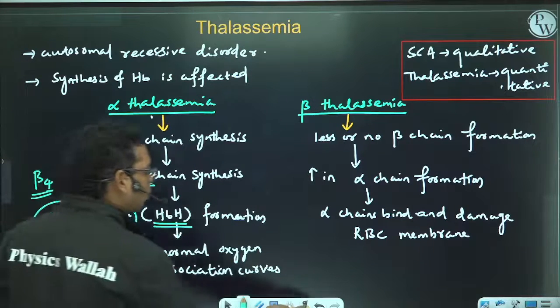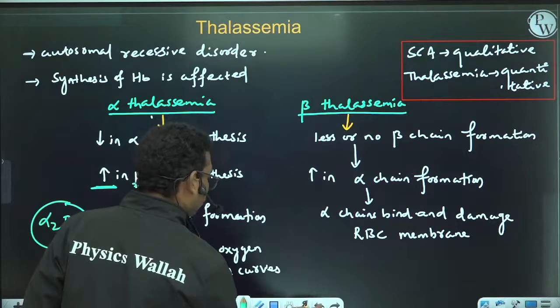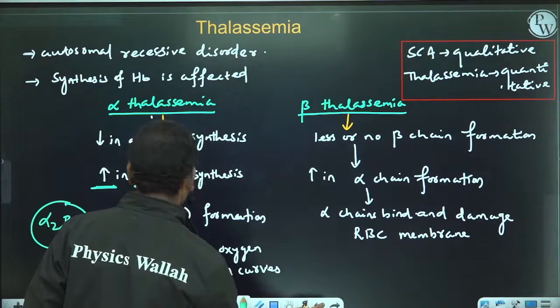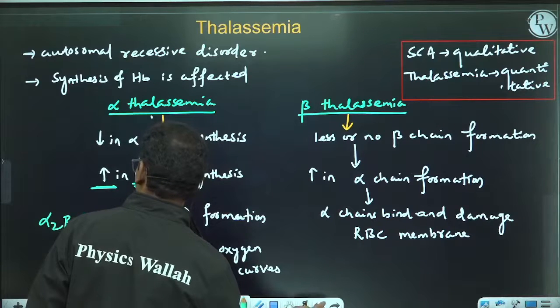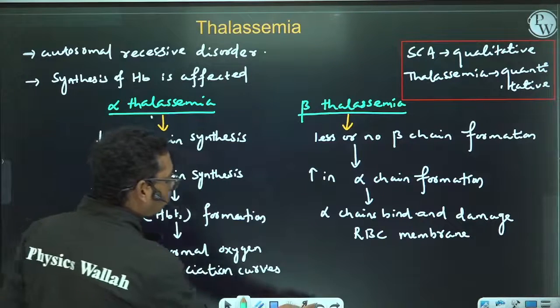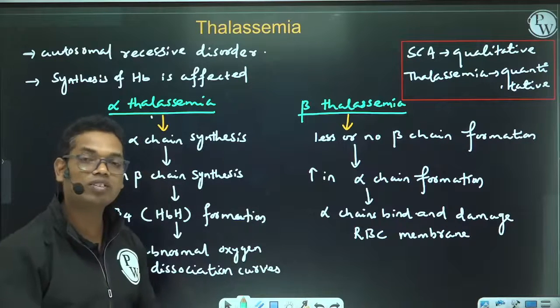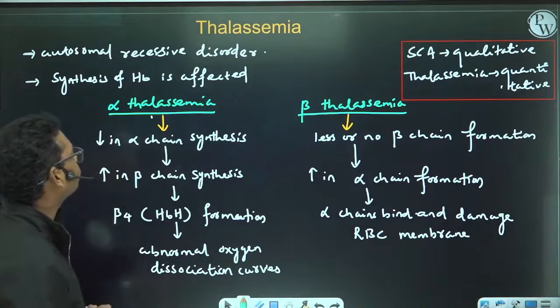Clear? Let me repeat here. In case of sickle cell anemia, the quality or the structure of the hemoglobin is affected. That is a qualitative disorder. But in case of thalassemia, the quantity of the hemoglobin is affected. That is a quantitative disorder.